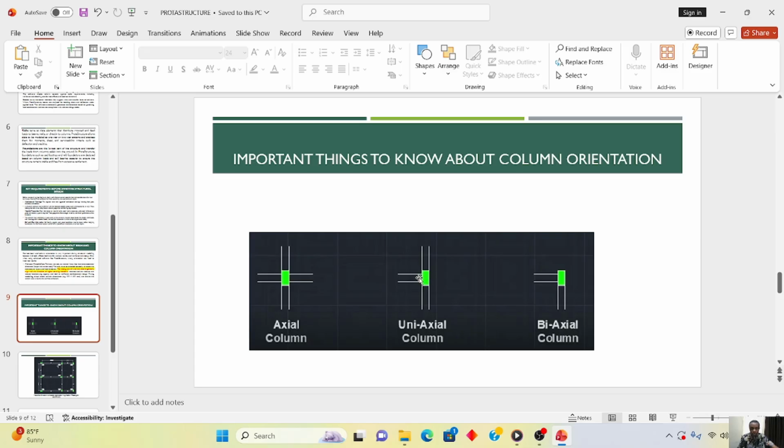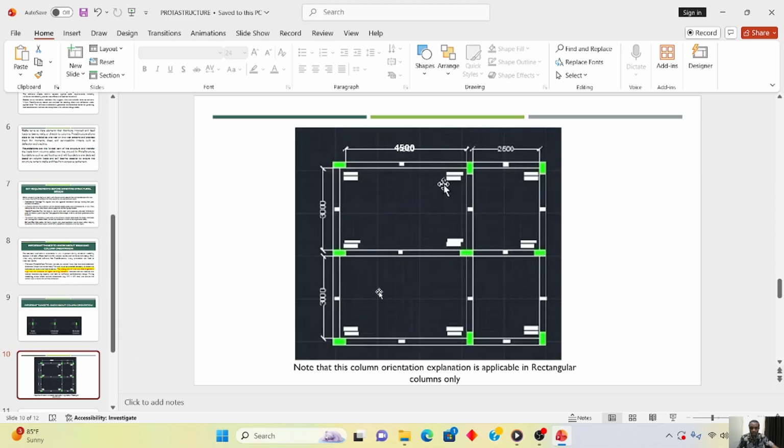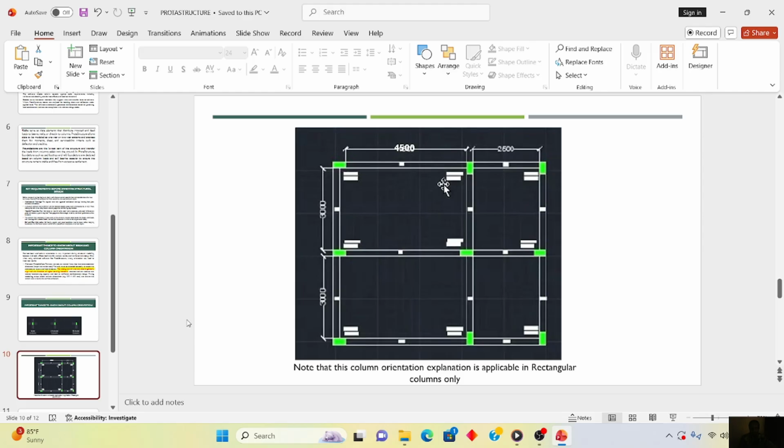Column orientation, where we don't need to apply this rule that I highlighted here, whereby the strong axis of the column should generally align with the direction of higher bending moments, because at that point it is already within the beams. But here, when it comes to rectangular columns, it is required that we apply that rule.